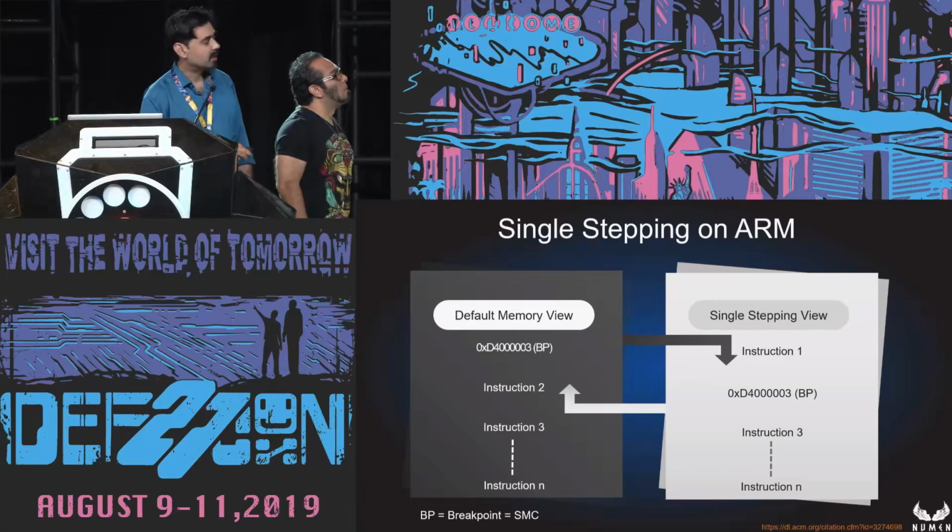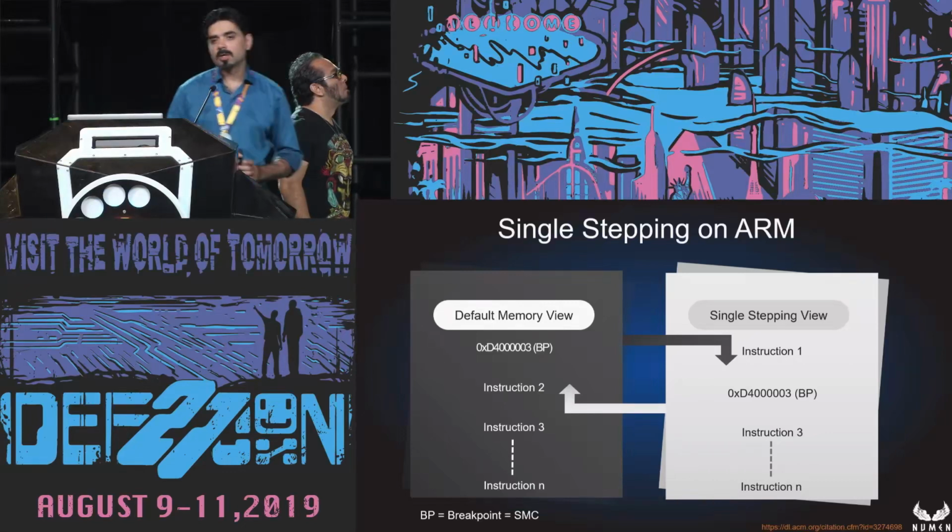Instruction 1 will get executed, and then the second breakpoint will hit. When the second breakpoint hits, again you get the control, you switch back to the default view, and then the second instruction gets executed. So basically that's how you single step on ARM if you're using the Xen hypervisor.